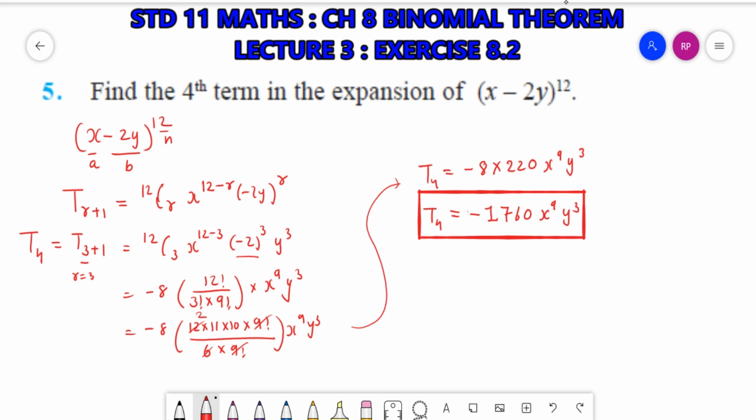Okay, so this was about question number 5. So just note it down. Now let's move to the next question.